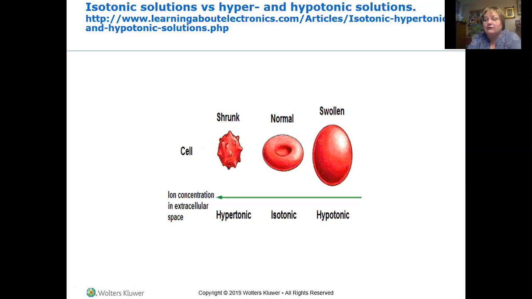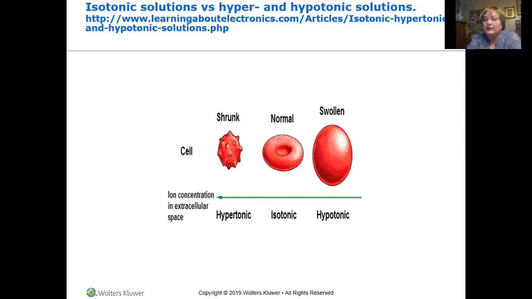So I would probably have fluid flowing in and out of the cell without any problems. And again, if I'm giving an isotonic IV solution, that's not going to really change that movement of fluid one way or the other. It's going to be a nice equal fluid exchange through osmosis.